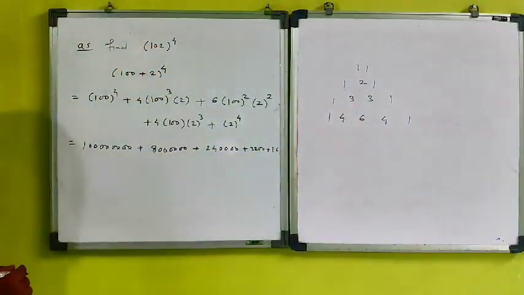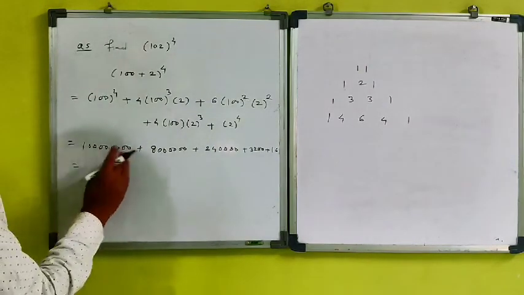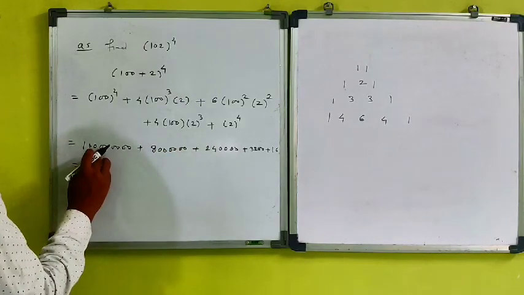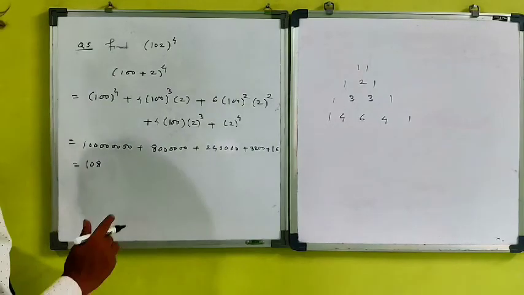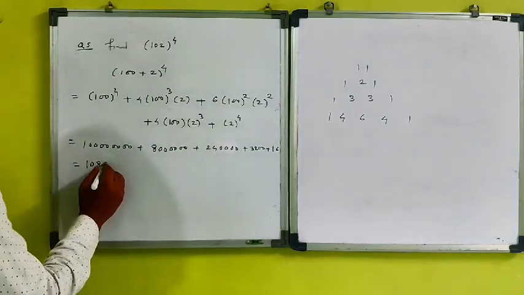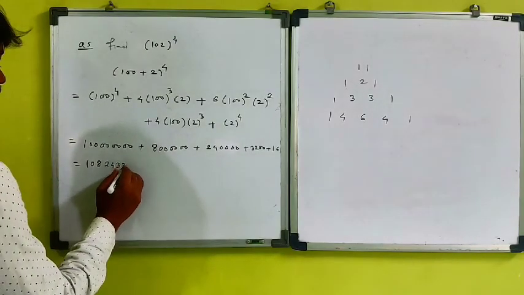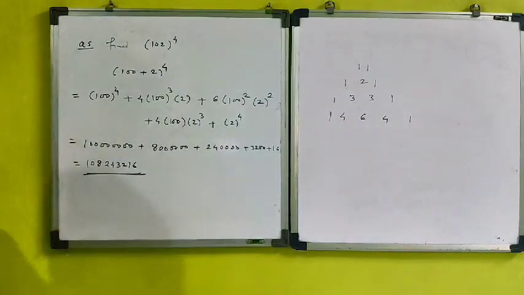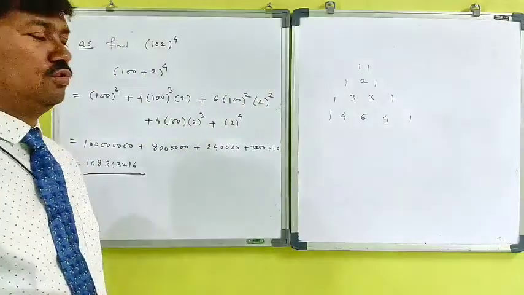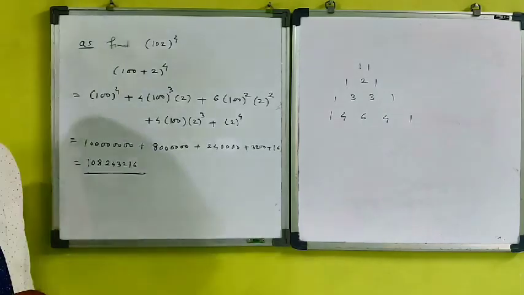So the answer will be what? 1 followed by 2 zeros and so on: 108243216. So this is the answer for 102 raised to 4. So 102 raised to 4 is 108243216.